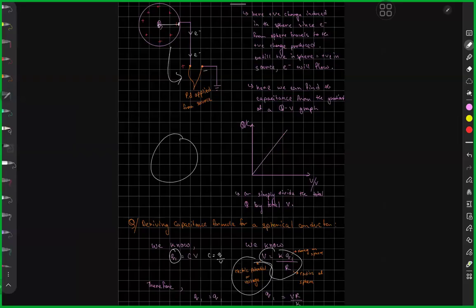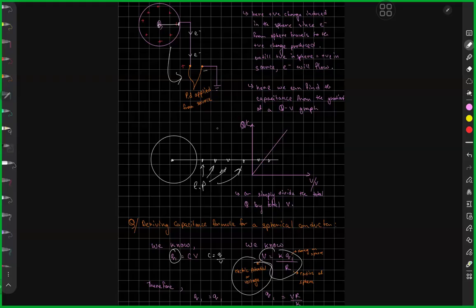If I have a spherical conductor with a certain charge, as you move away from the sphere with respect to the center, how does the electric potential vary at every position? Where did you learn about this? In the previous chapter. That is why I said the previous chapter is very important for learning this. What does this give you? The EP at every one of these positions. For a spherical conductor, as you move away from the center, the electric potential will decrease.